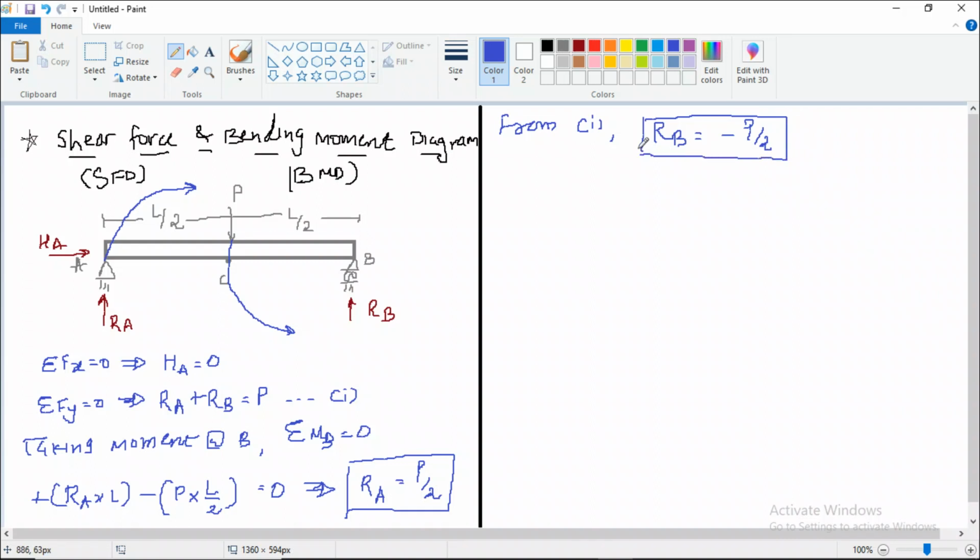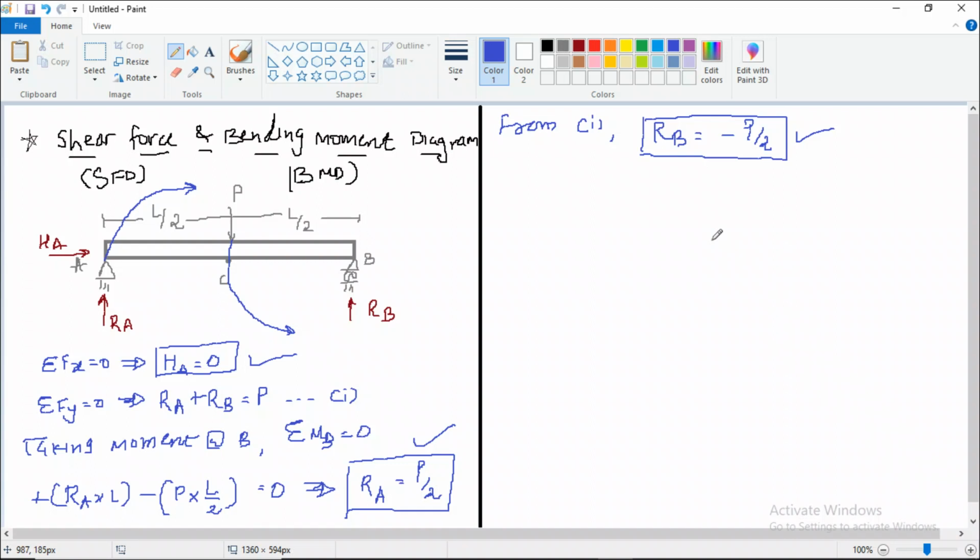So we got all the three reactions: HA, the horizontal reaction; RA, the reaction at A; and RB, the reaction at point B. This is the first step in drawing any shear force and bending moment diagram, that we always need to first find out the support reactions. After that we start constructing the shear force diagram, and then the bending moment diagram. So now let us start constructing the shear force diagram.